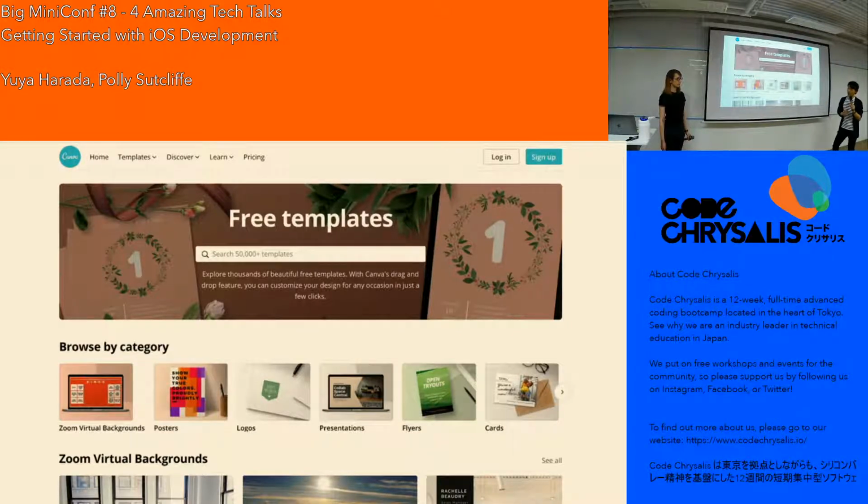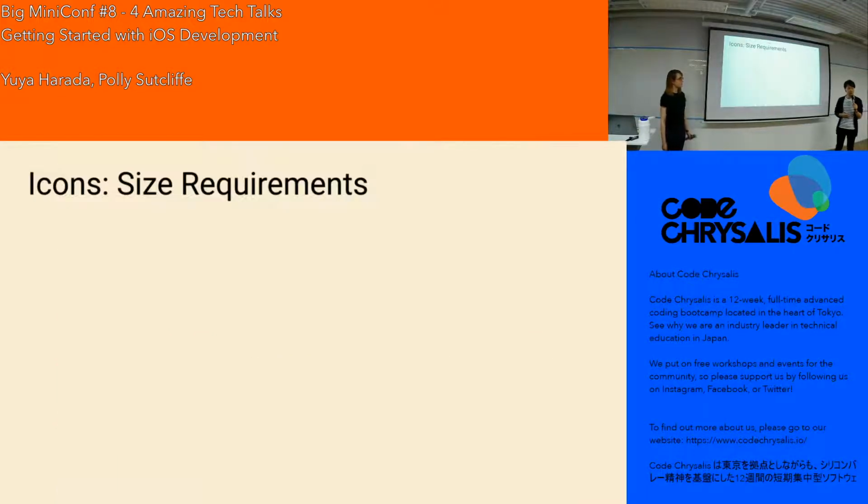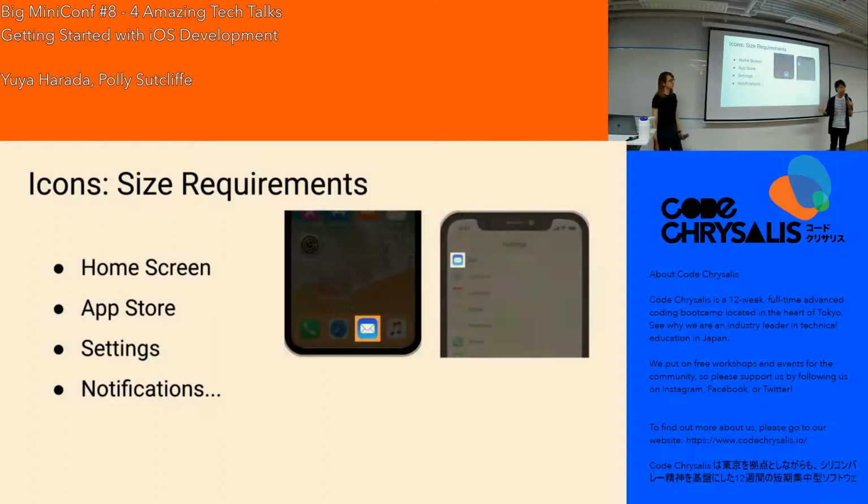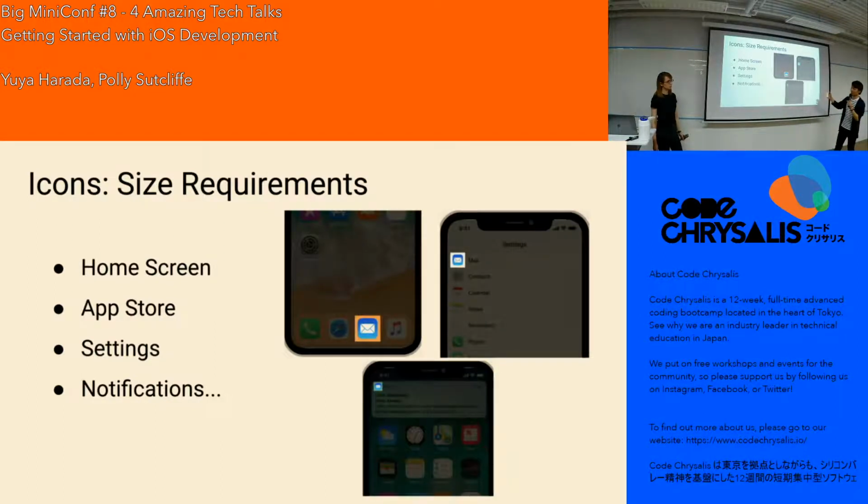Another tip is that you have to provide different sized icons if you want to upload your app onto the App Store. For example, if you open your iPhone, you will see the app icon on your home screen, but also in other places like notifications or App Store settings, pretty much anywhere with a different size. But no one wants to make them manually.